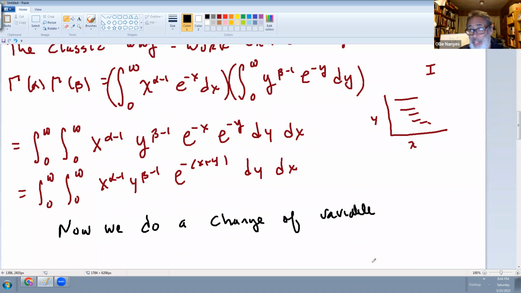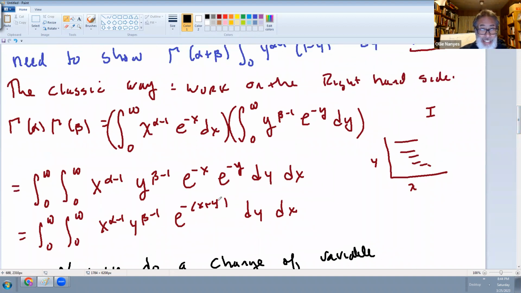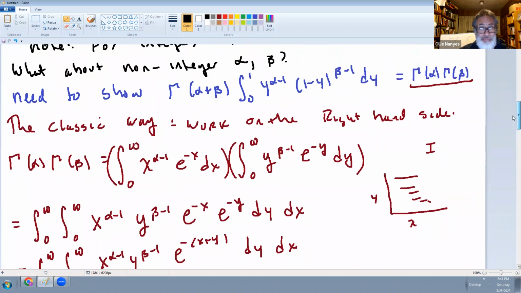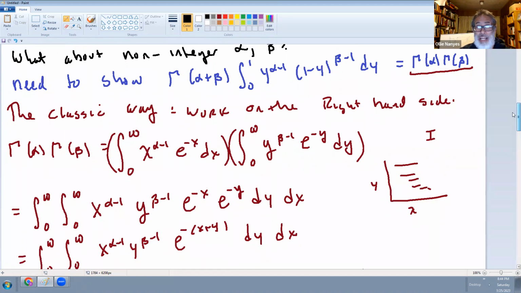What we're hoping is to get this to look like a gamma integral and an integral from 0 to 1. That's going to guide what we use to change our variable.